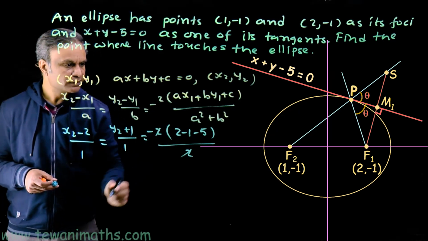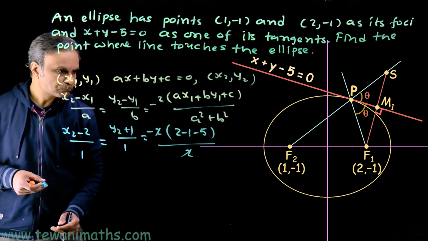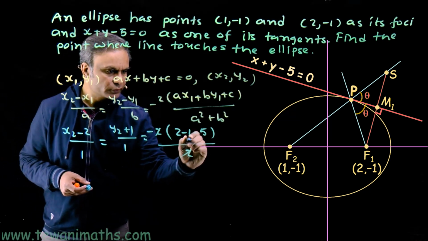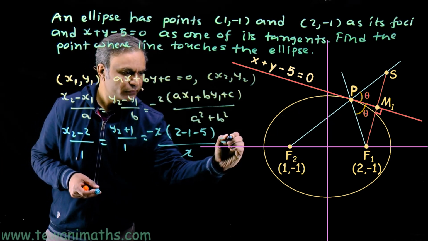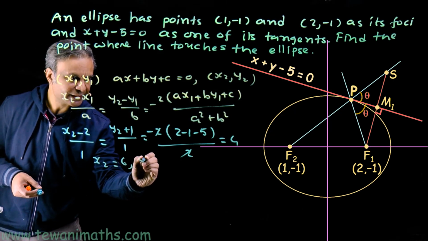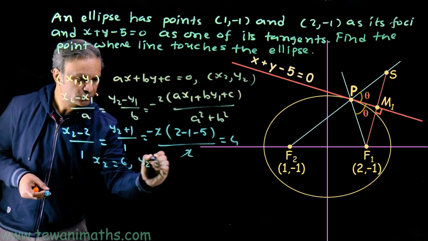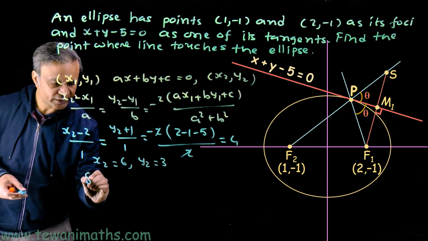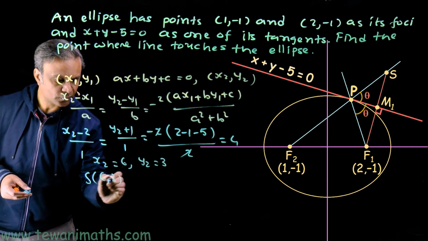The 2 gets cancelled out. This is minus 4, and minus 4 multiplied by minus 1 gives 4. So we get x2 equal to 6 and y2 equal to 3. So the coordinates of point S are (6, 3).